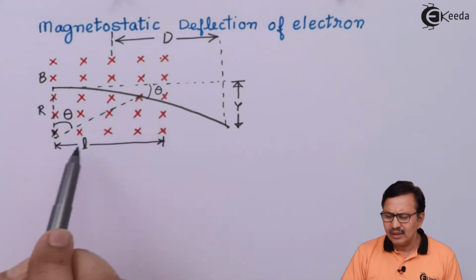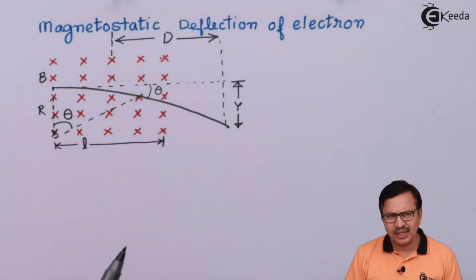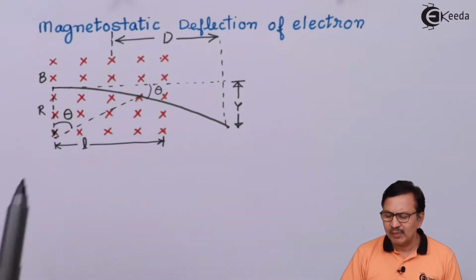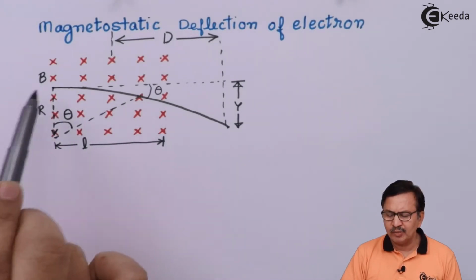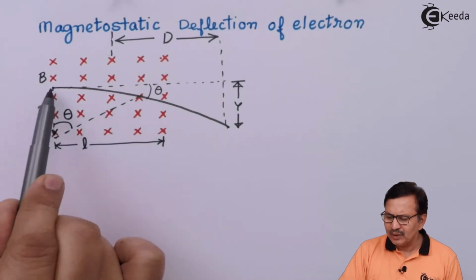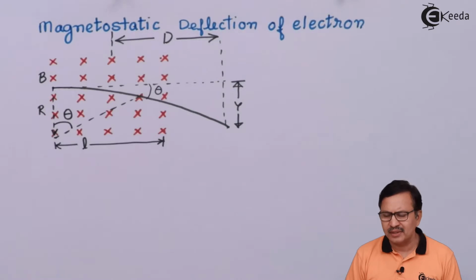Had this been spread over a larger area, the electron would have got an opportunity to complete a circle, but in this case, depending upon the magnitude of the velocity, we are having only a small arc that is traced in the given area of the magnetic field.